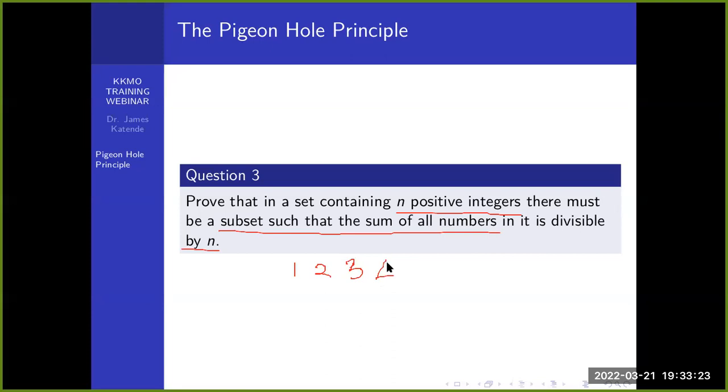The claim is that out of these four, you should be able to find a subset whose sum is divisible by 4.